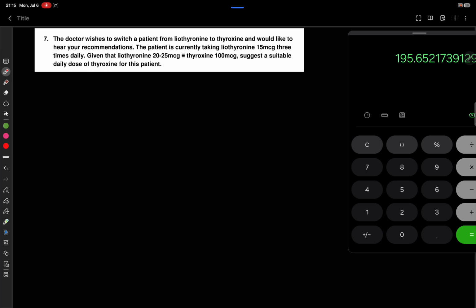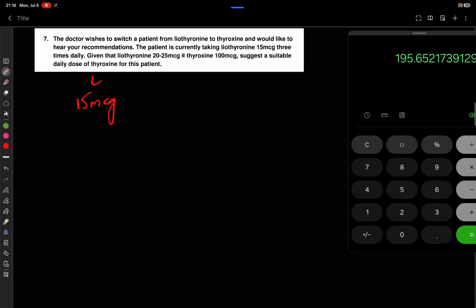Next question: the doctor wishes to switch a patient from liothyronine to thyroxine and would like to hear your recommendations. The patient is currently taking liothyronine 15 microgram three times daily.